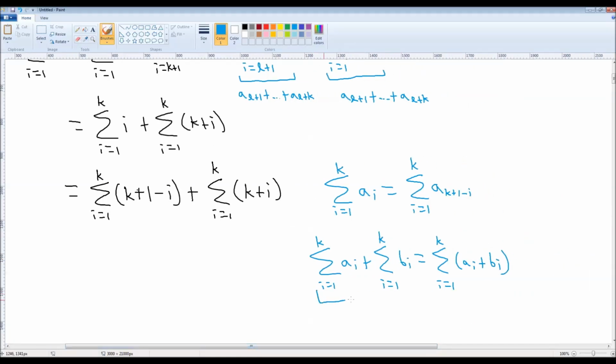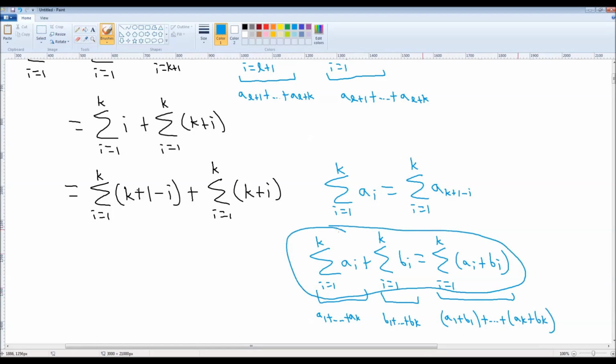This is just a fancy way of saying that if you add a_1 plus dot dot dot plus a_k, and here you add b_1 plus dot dot dot plus b_k, that's the same as doing a_1 plus b_1 plus a_2 plus b_2, etc., plus a_k plus b_k. This is another very basic law of sigma notation.